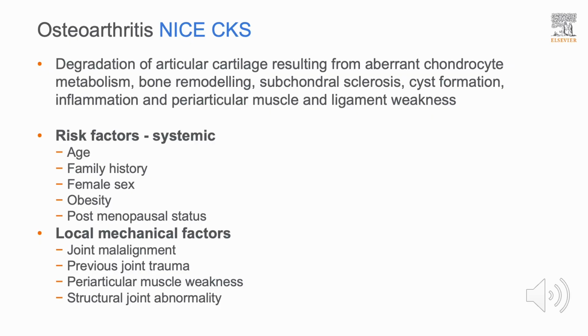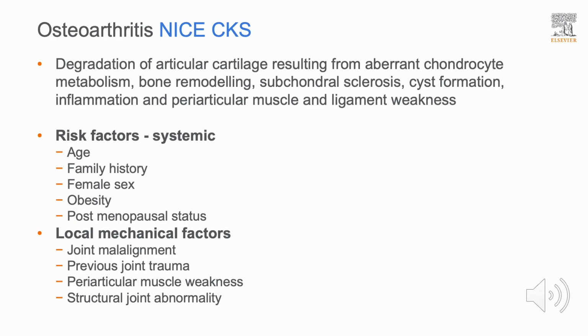Osteoarthritis describes a degradation of the articular cartilage in a joint, resulting from aberrant chondrocyte metabolism, bone remodeling, subchondral sclerosis and cyst formation, with inflammation and periarticular muscle and ligament weakness, which produces symptoms.